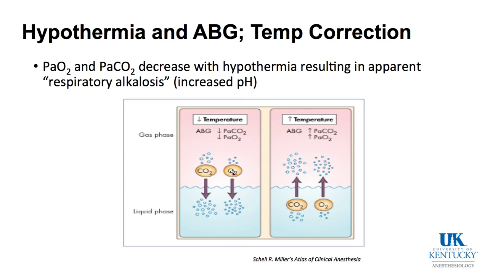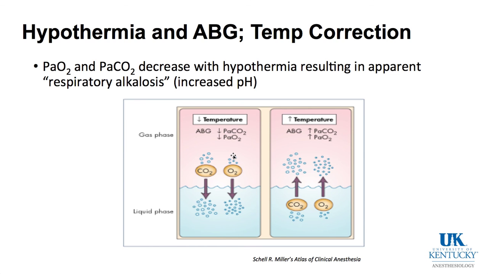And it's the kinetic energy, those molecules bouncing against the side, creating a partial pressure that we measure when we measure arterial blood gas. And so if they are colder, have less energy, bouncing less against the walls, creating less partial pressure, with cold, the PaCO2 and the PaO2 go down.